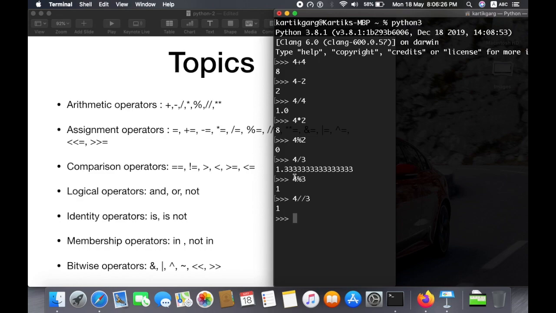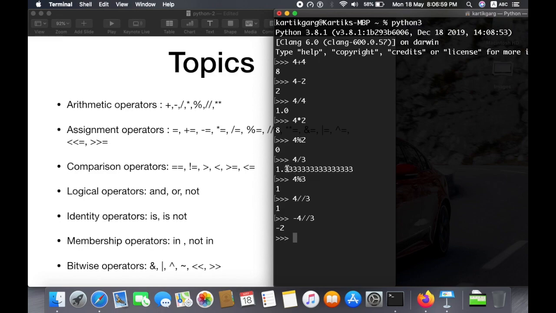If the number is negative like -4, then floor division will give me -2 instead of -1. Why? Because the work of floor is to move the given value to the lowest integer. In the case of plus 4 divided by 3, we got plus 1.33.